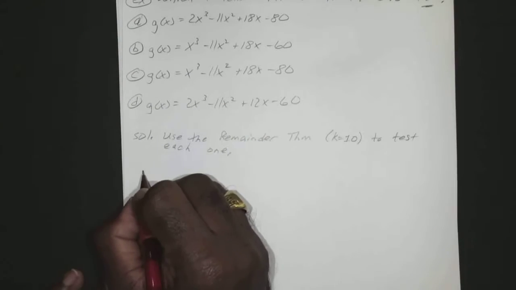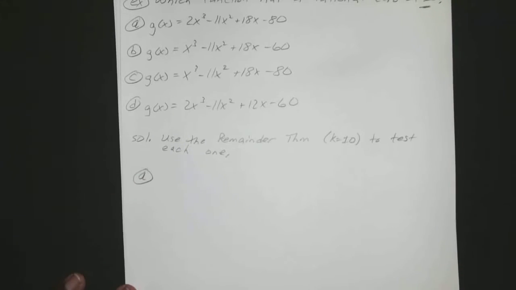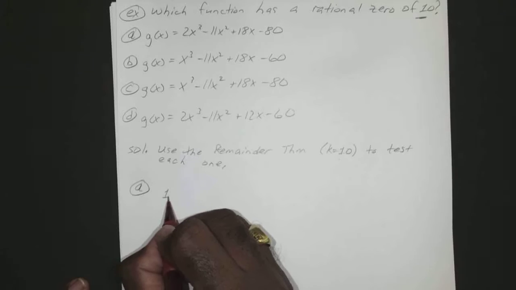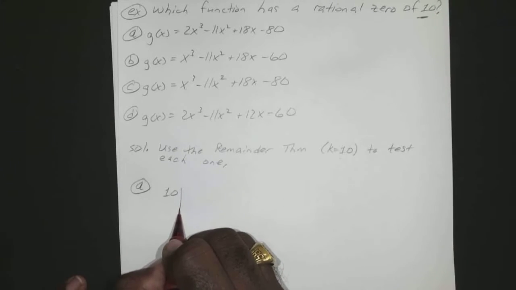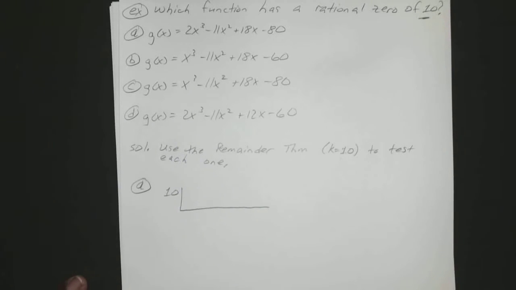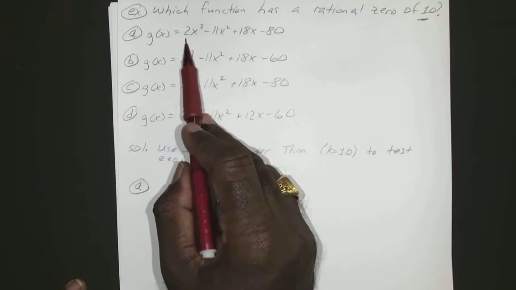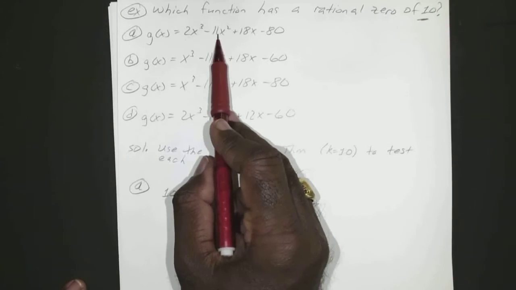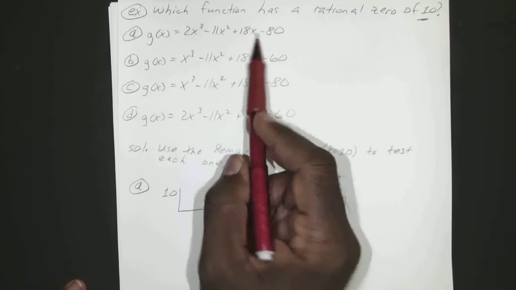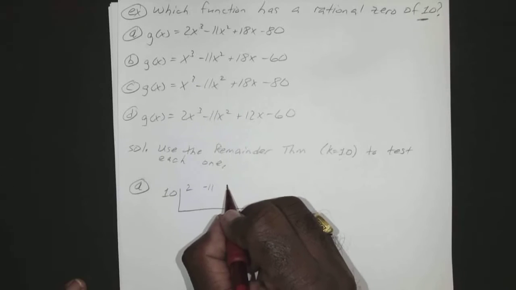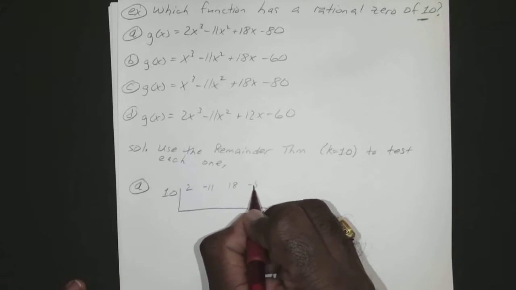All right, so for polynomial a, if k is equal to 10, remember we put our 10 on the outside in our upside down division bracket. And we just put our coefficients up. So you have 2, negative 11, 18, and negative 80.